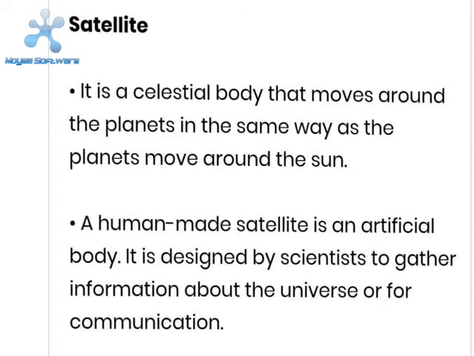This means that the Sun is stable and all the planets revolve around the Sun, and the satellites revolve around the planets. The next point, the human-made satellite is an artificial body. It is designed by scientists to gather information about the universe for communications.